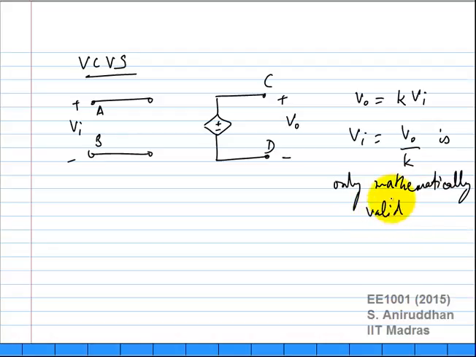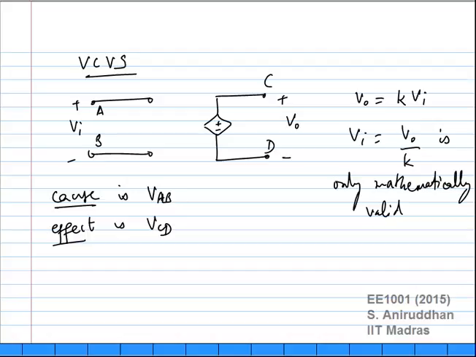The cause is VAB and the effect is VCD, not the other way around.